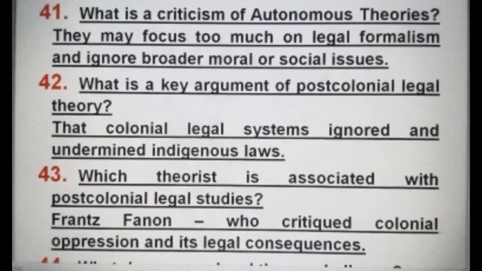What is a key argument of post-colonial legal theory? That colonial legal systems ignored and undermined indigenous laws. Which theorist is associated with post-colonial legal studies? Frantz Fanon, who critiqued colonial oppression and its legal consequences.